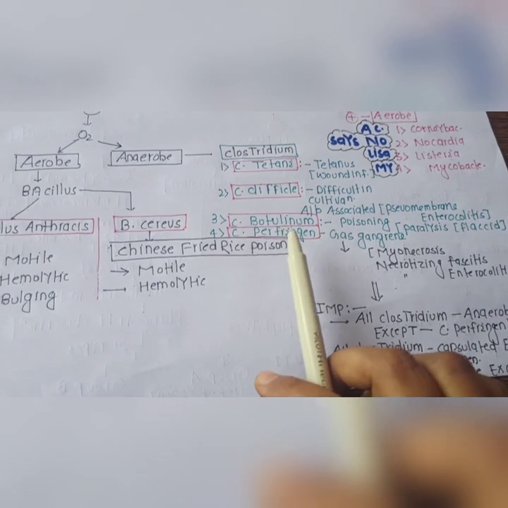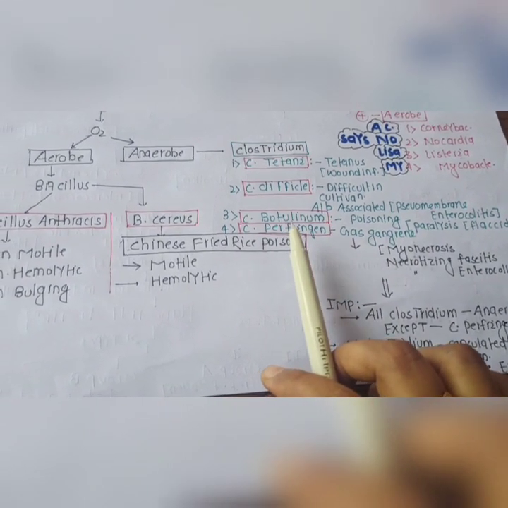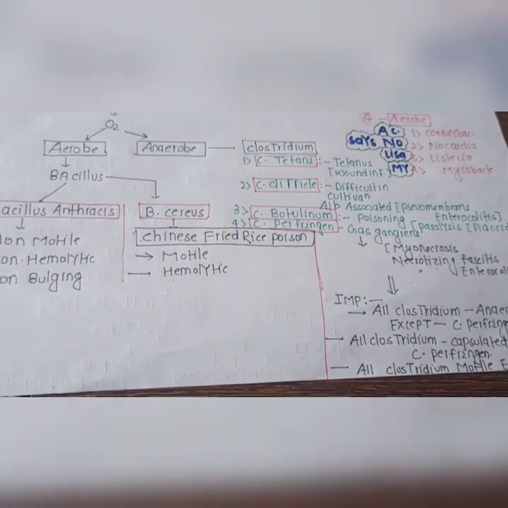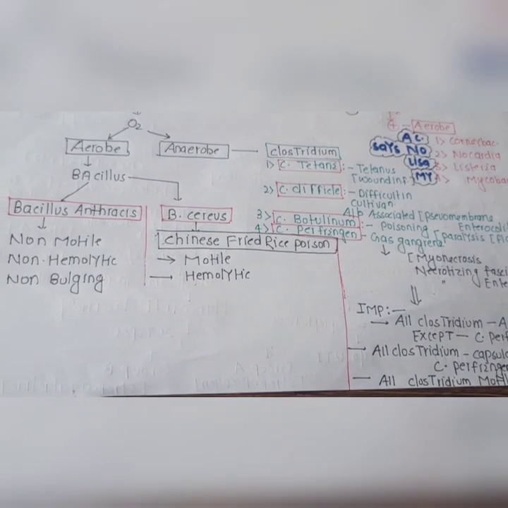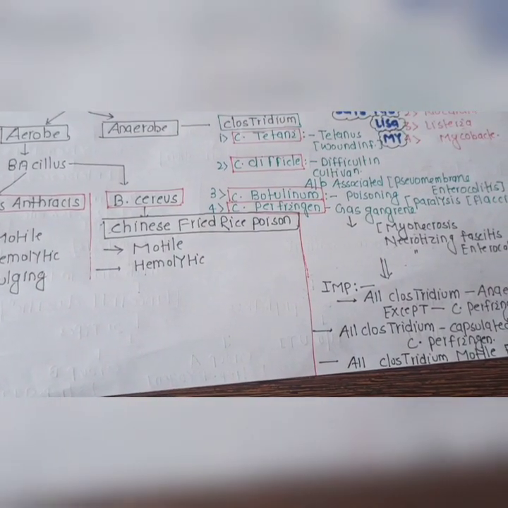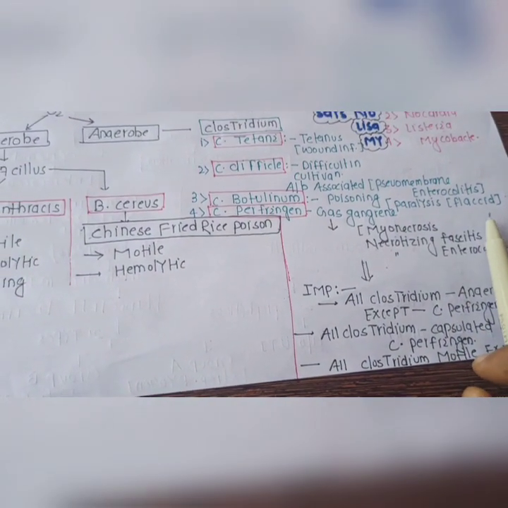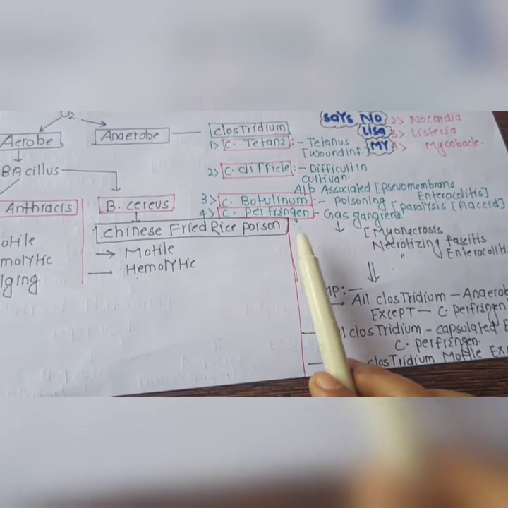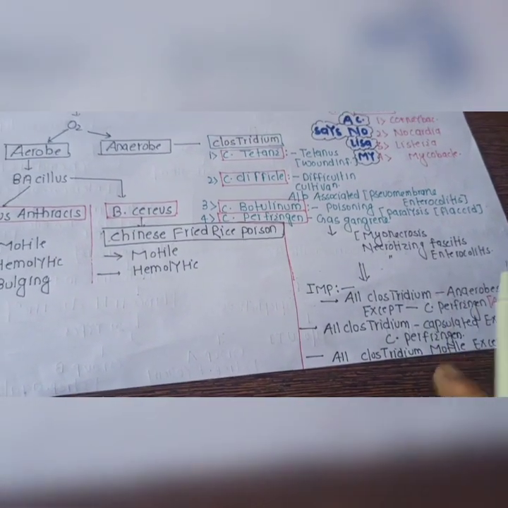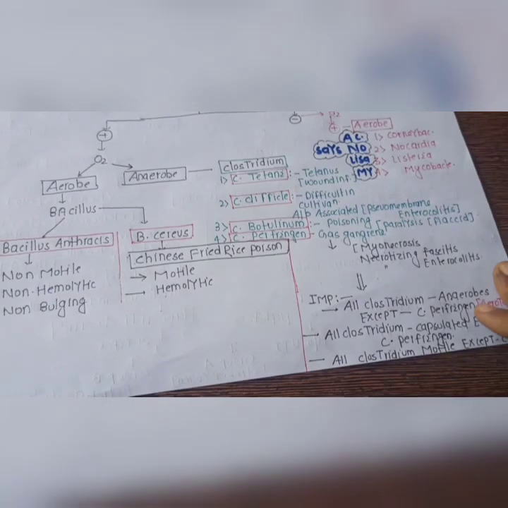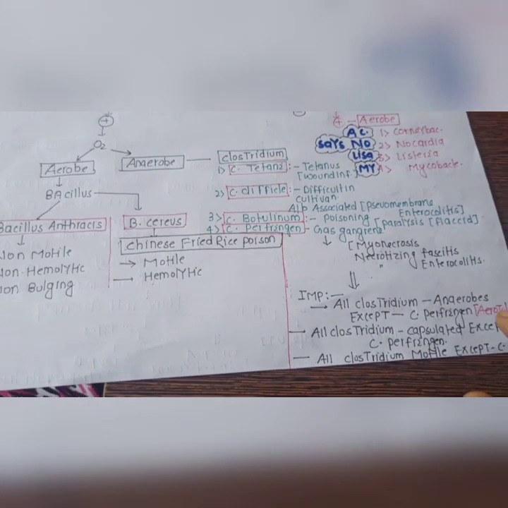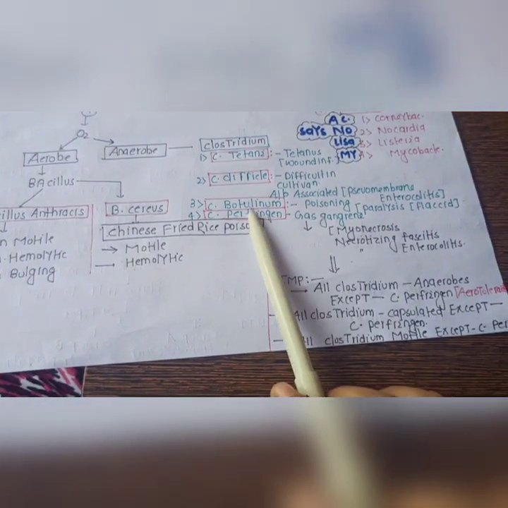Then Clostridium botulinum, from bottle, causes poisoning, food poisoning, infant poisoning, with flaccid paralysis. Then Clostridium perfringens causes gas gangrene, myonecrosis, necrotizing fasciitis, enterocolitis.